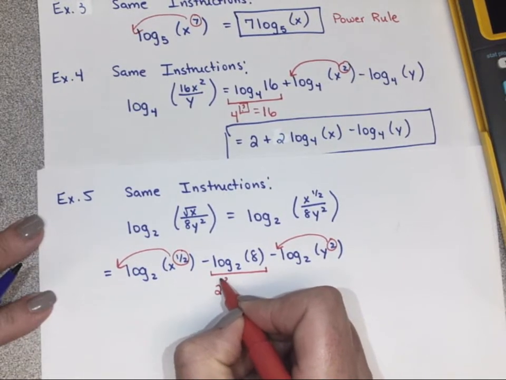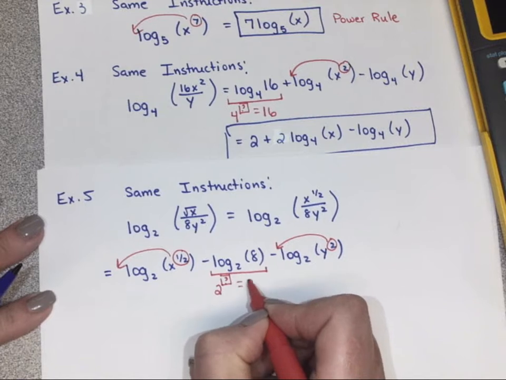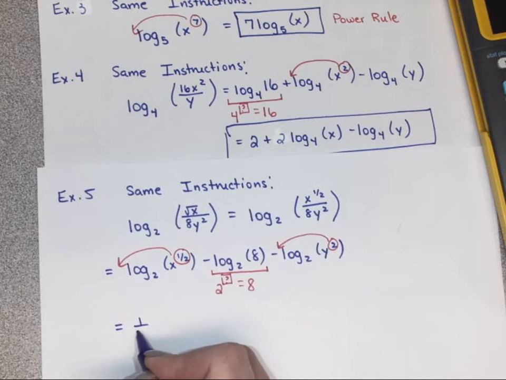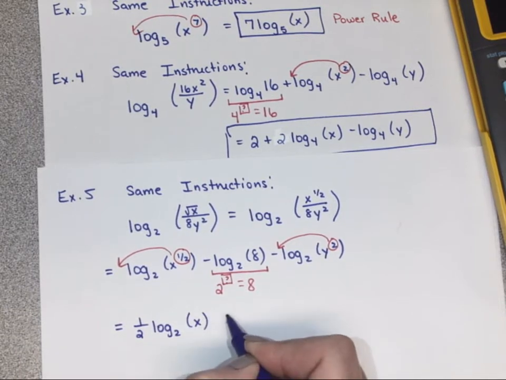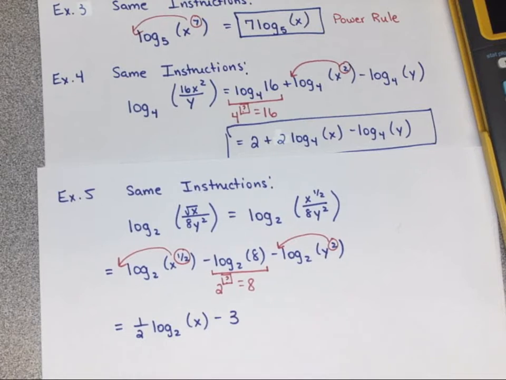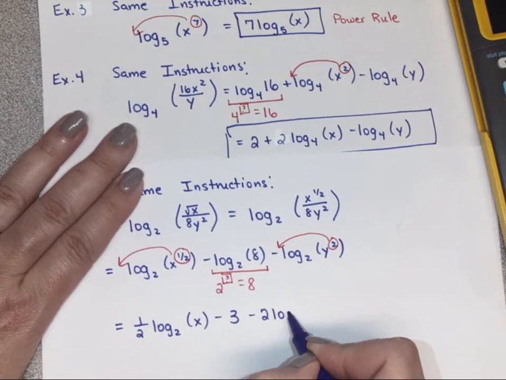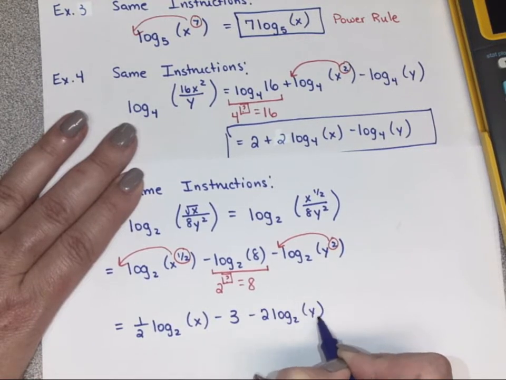Because it's really saying, what do I need to raise 2 to the power of to give me 8, right? And the answer is 3, okay? So the full expanded format looks like this. 1/2 log base 2 of x, if I move that 1/2 to the front, minus 3, right? Like the whole log base 2 of 8 was 3, okay? And then minus 2 log base 2 of y.